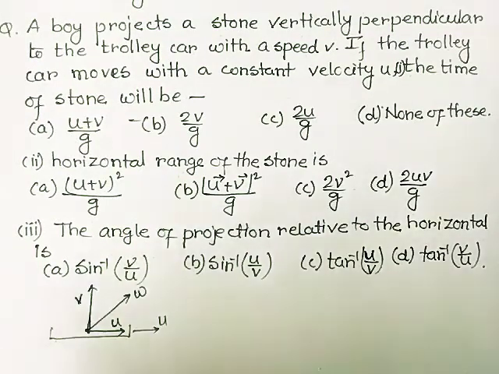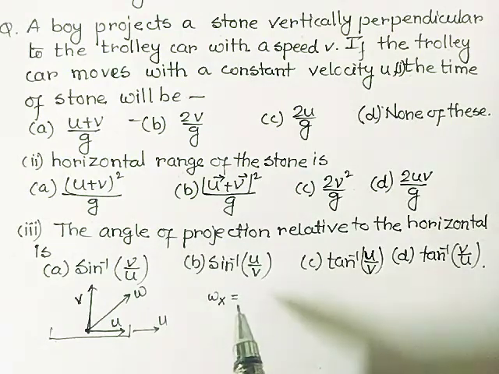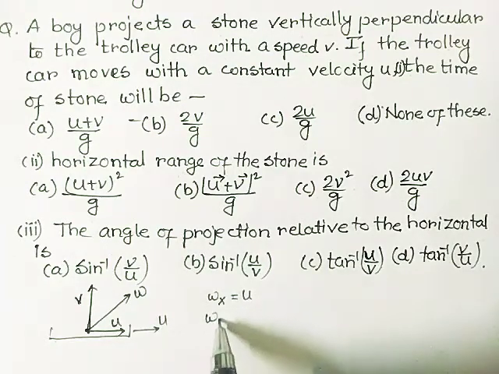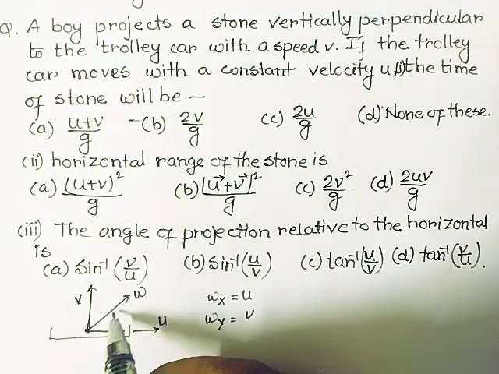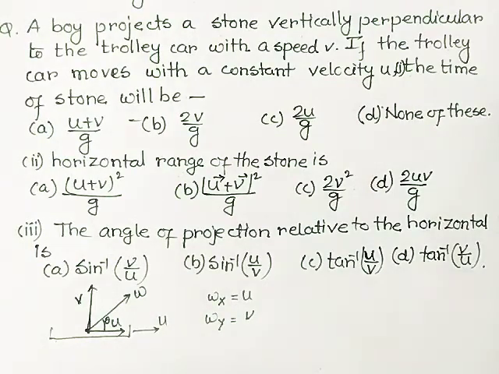So w's horizontal component is u, and w's vertical component is v. From here it is clear that the particle is thrown with a velocity w, making an angle theta with the horizontal. So it is related to projectile motion.